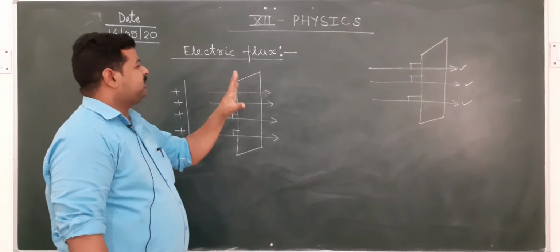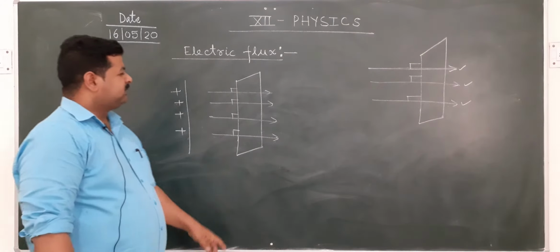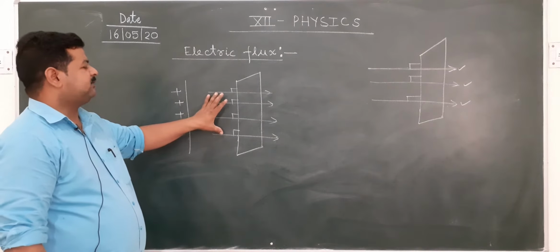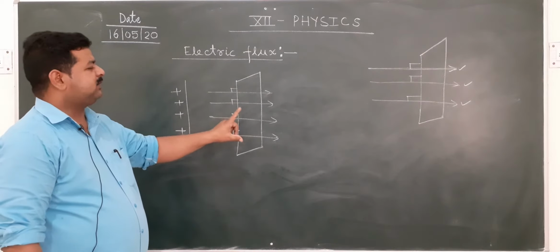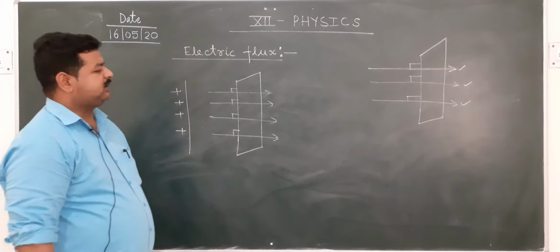So what would be the definition of electric flux? The total number of electric field lines passing normally through any surface is known as electric flux.